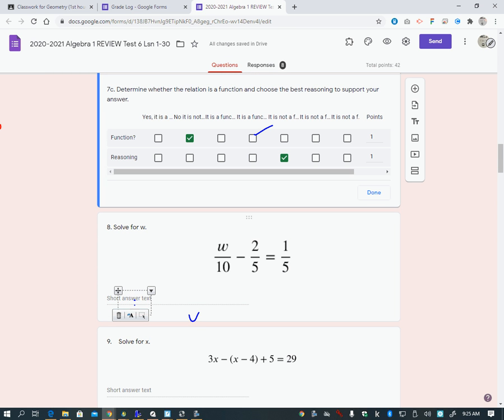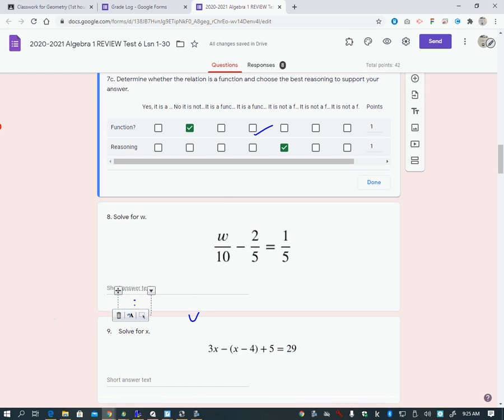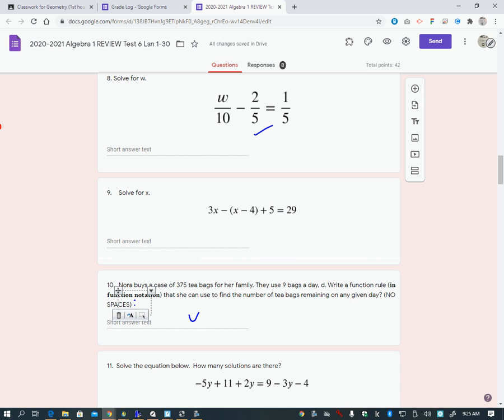All right, so you should have one option for this row, one option for this row. Okay? I don't know what that one says. Well, anyway, we're going to move on from that question.